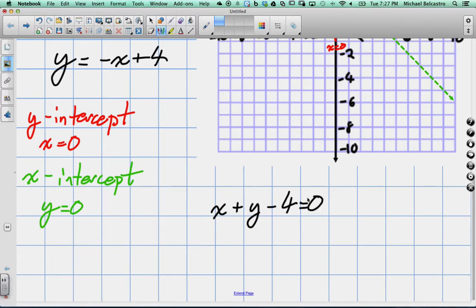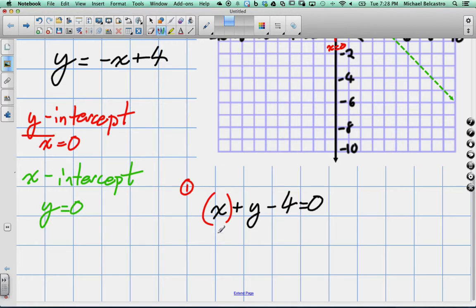Like we said, if we set x equal to 0, this will be our first version. We replace x with the value of 0. If we solve for y, that'll give us the y-intercept.